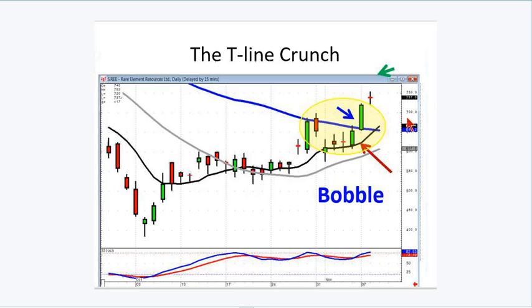You have a J-hook pattern, which we know works very well. Why is it more relevant when the 50 is there? Because it failed at a level everybody was watching, and it broke out to a level that everybody was watching. We just happened to be a little bit more prepared, knowing that if it came back up through that level, we have a J-hook pattern, but more defined by the Bobble.